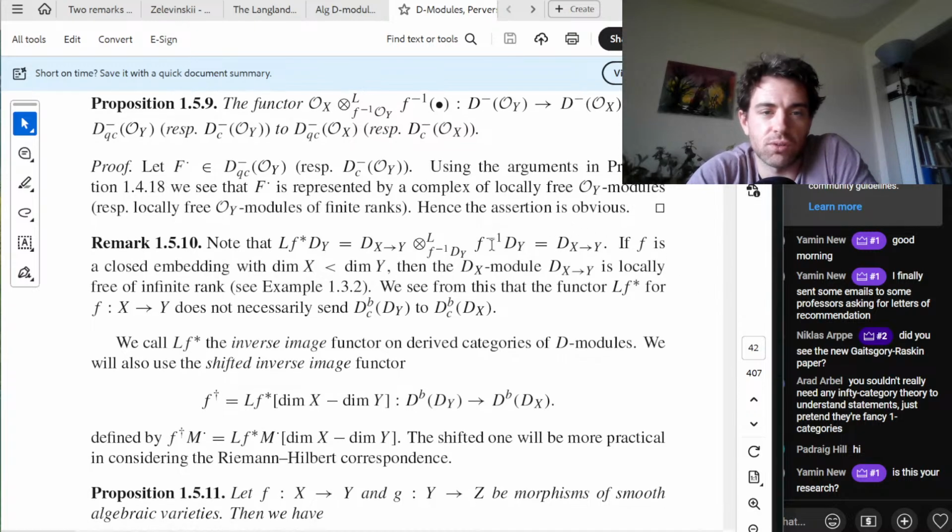Note that if f is a closed embedding, the dimension of x less than the dimension of y, then this D module is locally free of infinite rank. Oh, what?